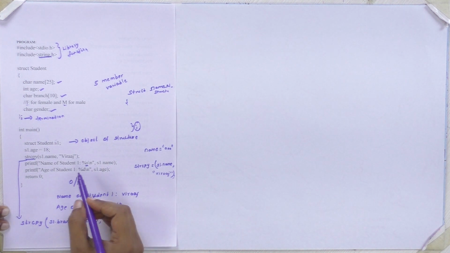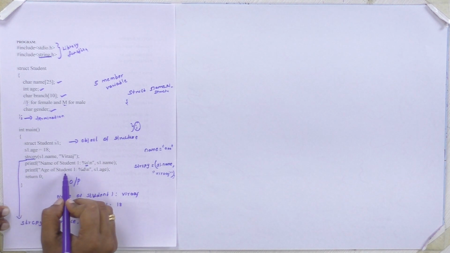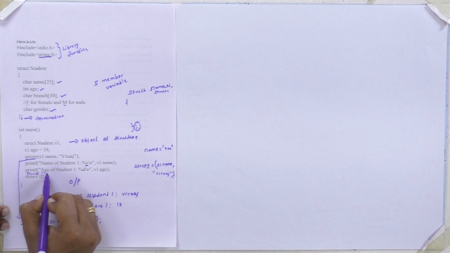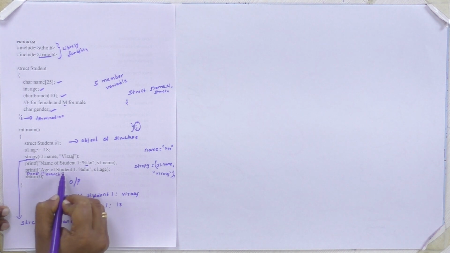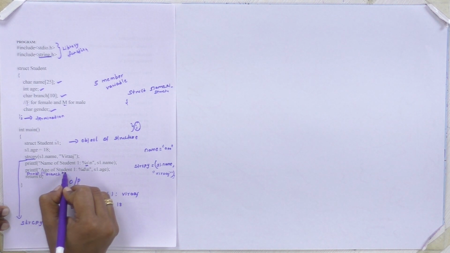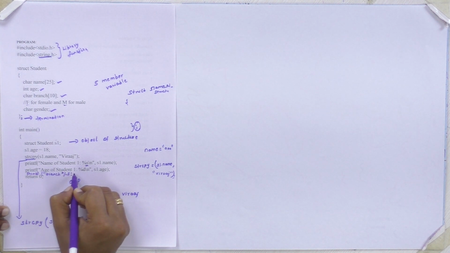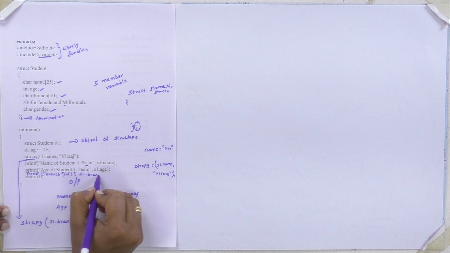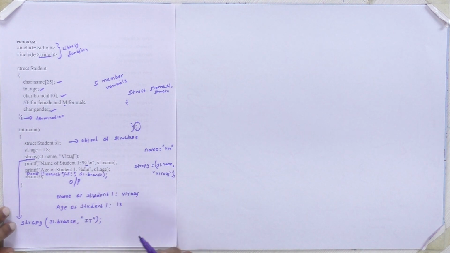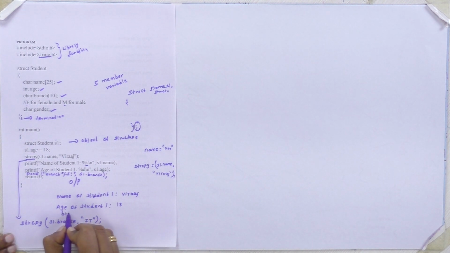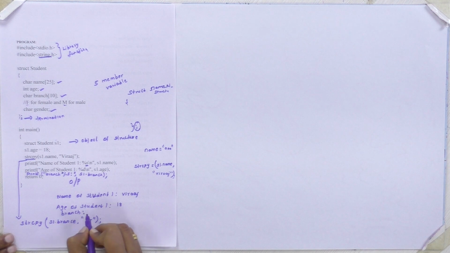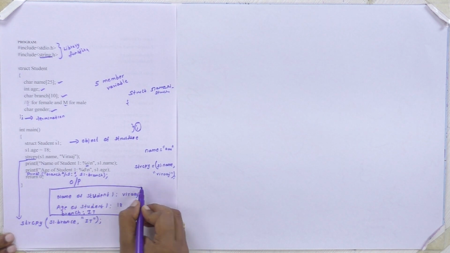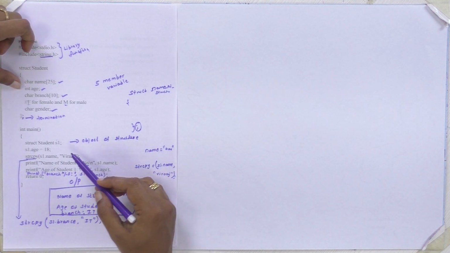So here you can add another printf function. So branch %s. The value will be s1 dot branch. So the output will be the branch IT. So like this you can add more by using the object.